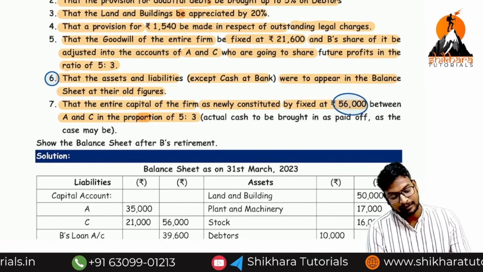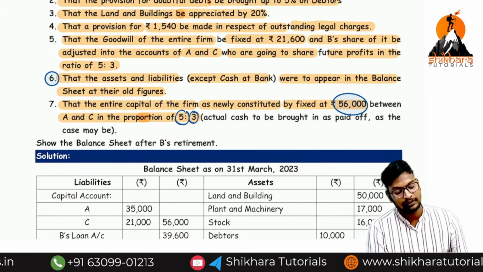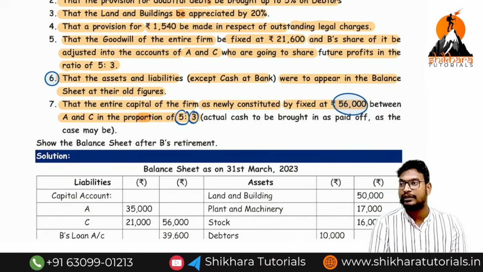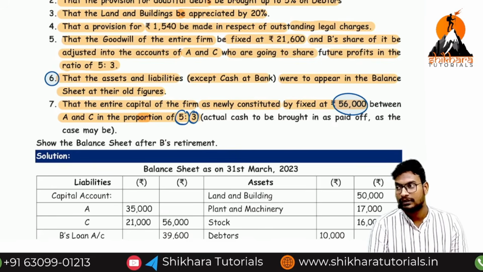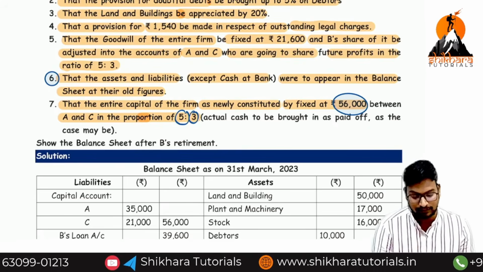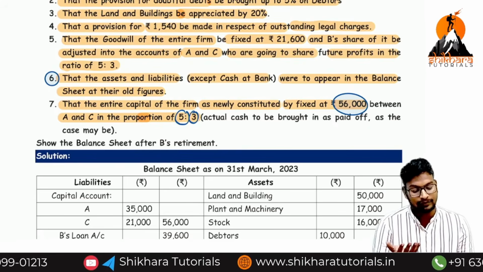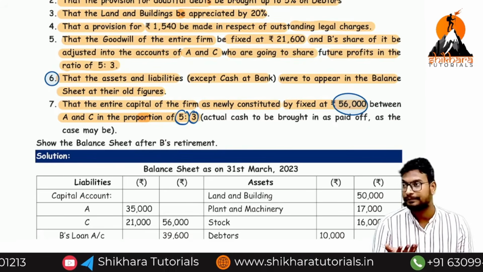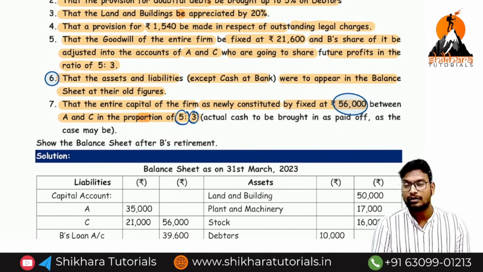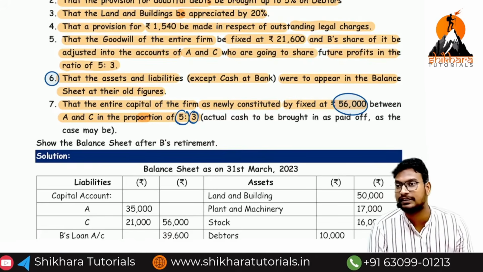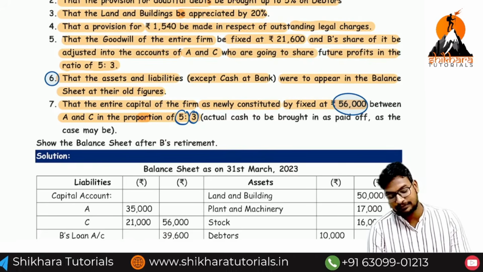The proportion is 5:3. So 56,000 into 5/8 is 35,000, the closing balance of A, and 56,000 into 3/8 is 21,000, the closing balance of C. So they have given a simple adjustment.